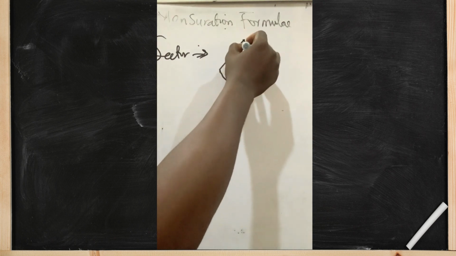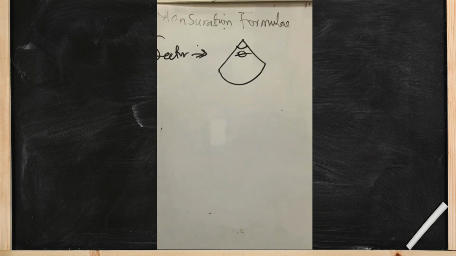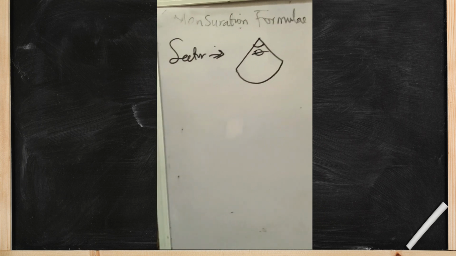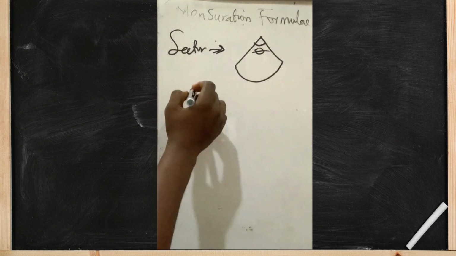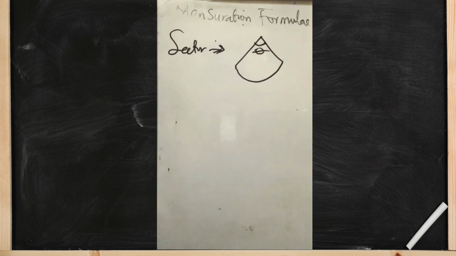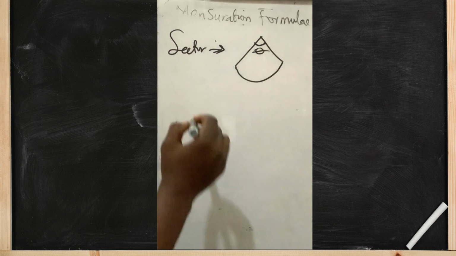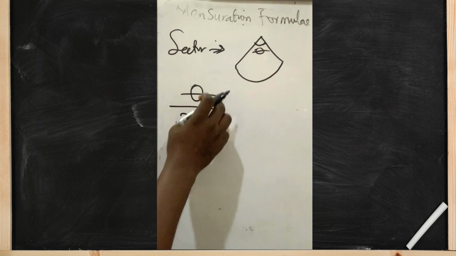Now, this is the angle subtended by the sector. If you're looking for the area of this sector, because this angle is a segment of the whole circle, and the sum of angles in a circle is 360 degrees, what this means is that we're going to have a fraction of the total, which is theta over 360.